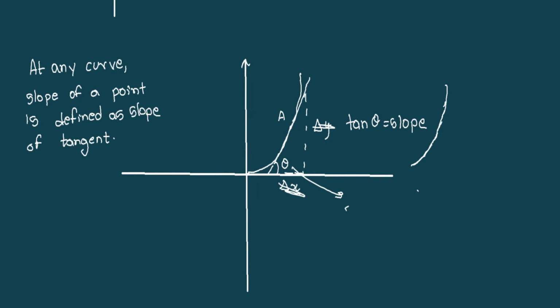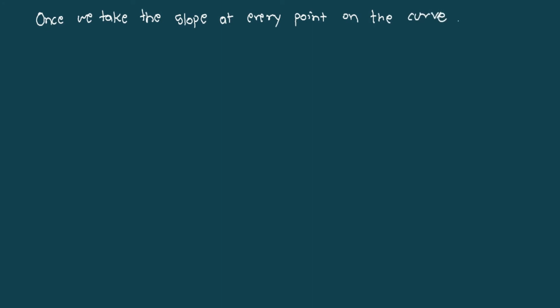And so what we do is, once we take the slope at every single point on the curve, we get a table, okay? Let me write this down here. Let's say that this is the slope and this is the x value.